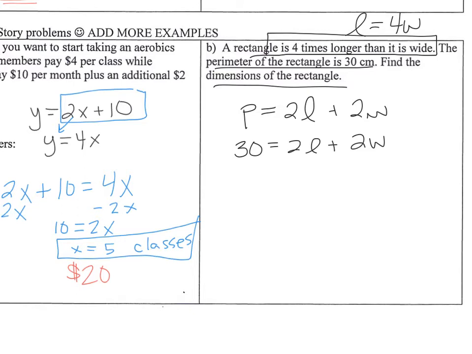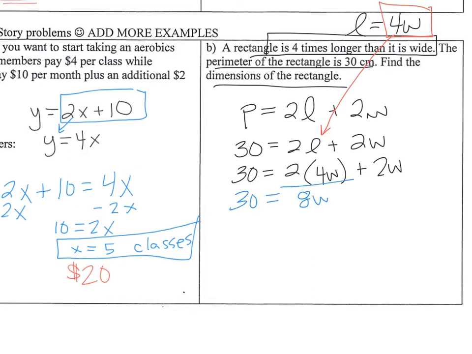So I'm going to use substitution. If the length is 4 times the width, I'm going to substitute it in right here for length. So 30 equals 2 times the length, which is 4W, plus 2 times the width. Now I have 30 equals 8 W's plus 2 W's.